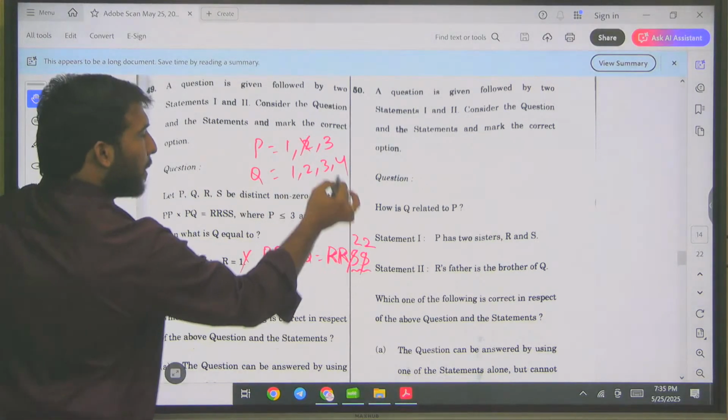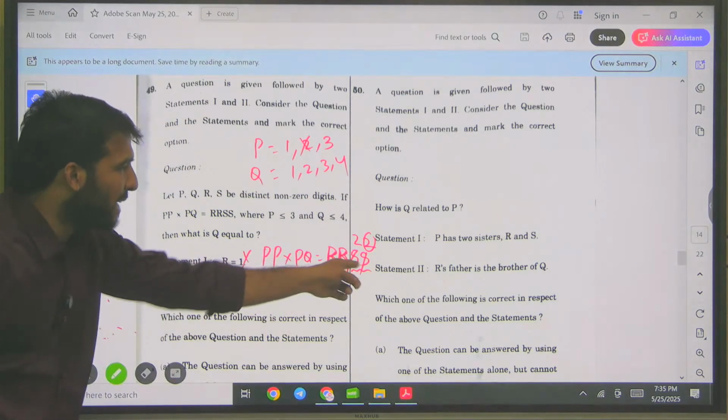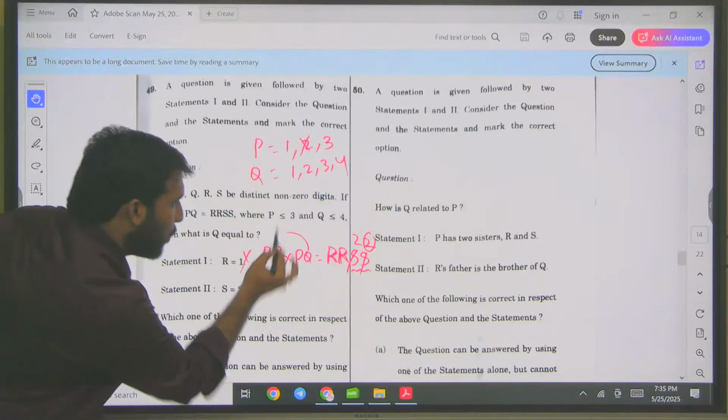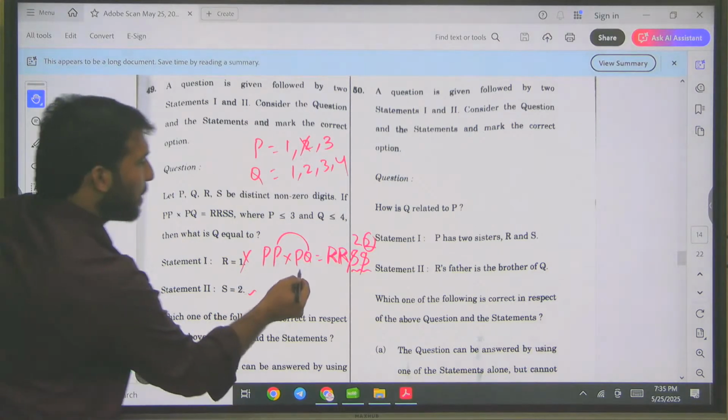If I'm getting the unit digit as 2, my P and Q values should have a product of 12. What are the possibilities?